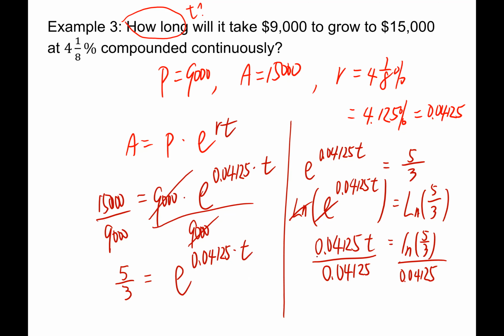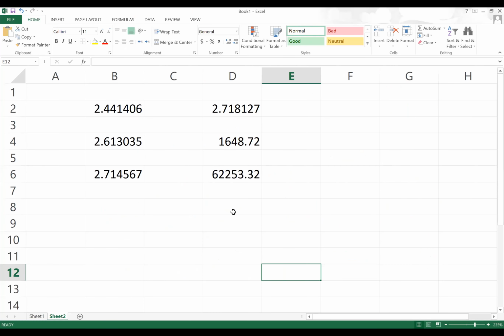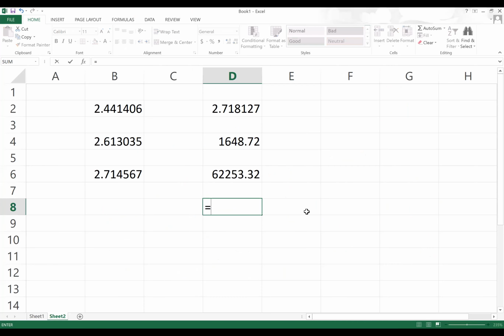Okay, now we got it, right? T is by itself. So use either Excel or calculator, quickly find out the result. So it's ln of 5/3 divided by 0.04125.